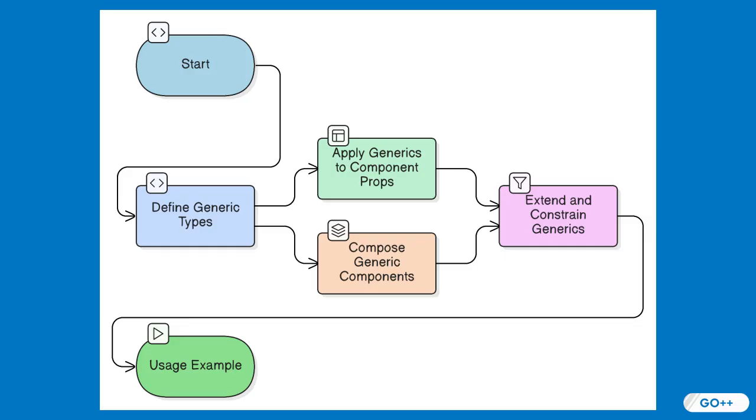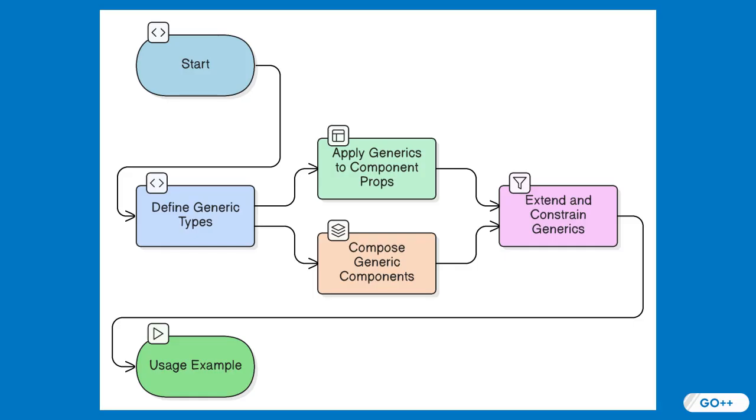When you combine this with React, you enable your components to handle various data structures efficiently. For example, a single form component can handle multiple types of inputs, making your application more dynamic and scalable. This approach not only saves time, but also reduces errors, as TypeScript static typing catches potential issues during development rather than at runtime.